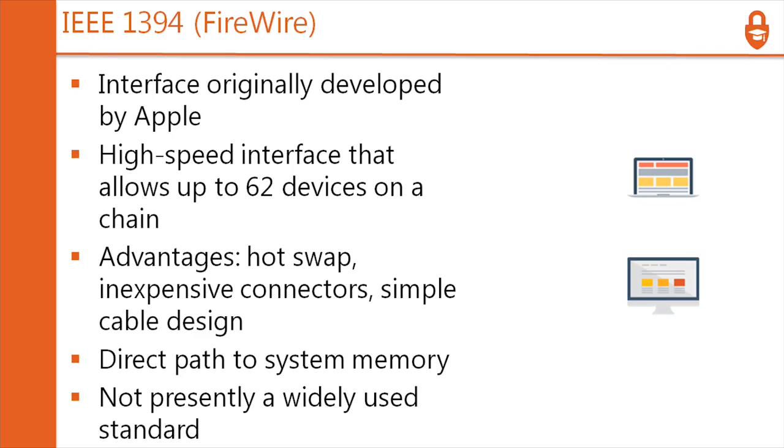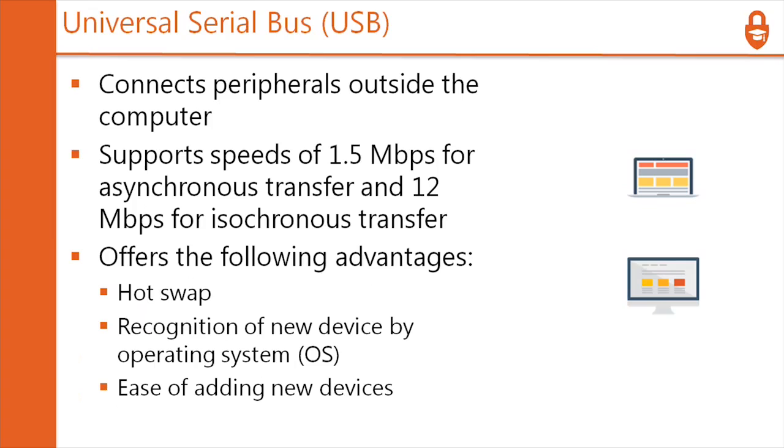You can't unplug a PCI card while the machine's on. It has inexpensive connectors and a simple cable design, so they're relatively cheap. It has a direct path to system memory, so it can access the memory directly through DMA, a direct memory access chip. It's not presently a widely used standard, although it's still around today, but it's on its way out.